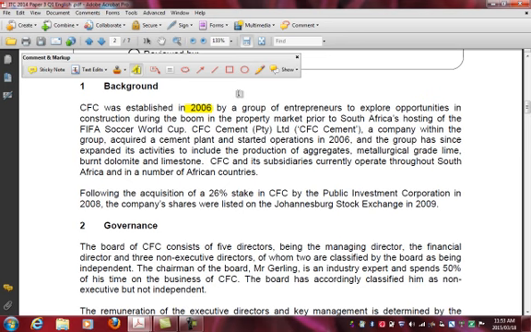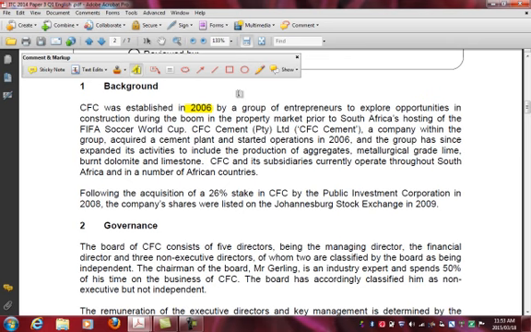CFC Cement Pty Limited, also known as CFC Cement, a company within the group, acquired a cement plant and started operations in 2006. And the group has since expanded its activities to include the production of aggregates, metallurgical grade lime, burnt dolomite and limestone. CFC and its subsidiaries currently operate throughout South Africa and in a number of African countries.